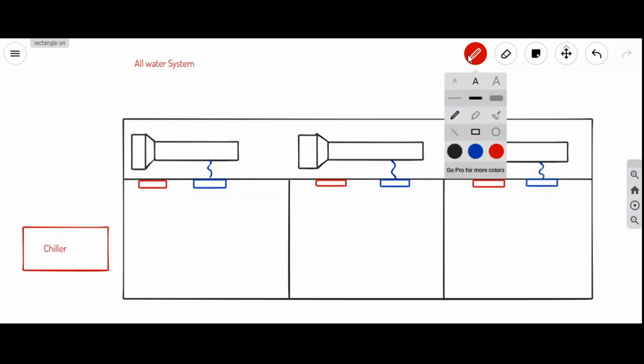So we have the chiller, and from the chilled water line, supply and return, I am showing in a single line. The chilled water line is connected.